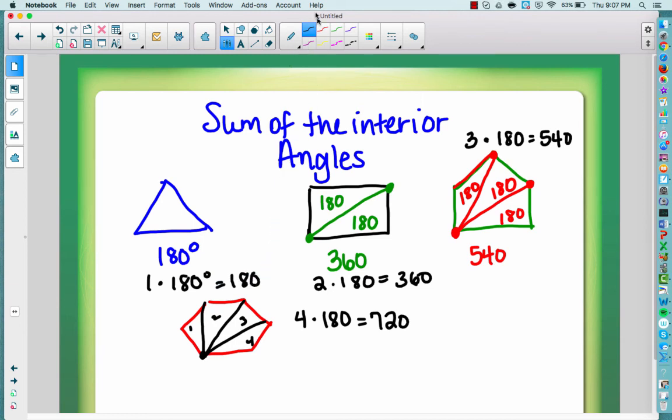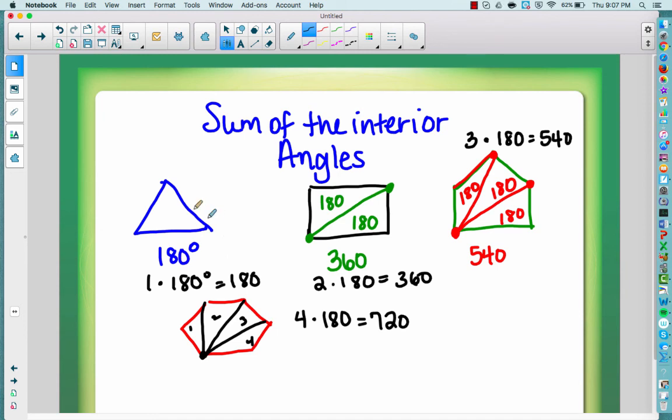Well, the fact of the matter is, I don't want to have to do this every single time, do I? I don't want to have to sit and draw triangles inside figures to figure out their sum so that I can use it for something. So it'd be really helpful if we know the sum of the interior angles of any polygon.